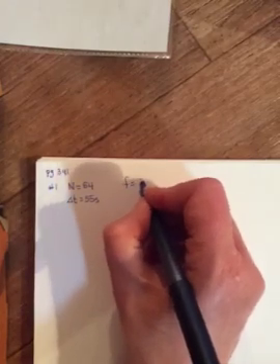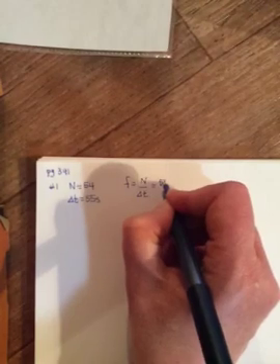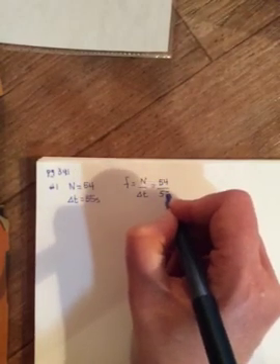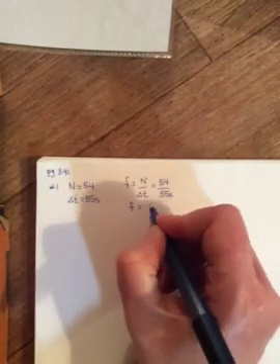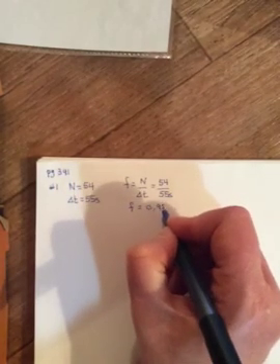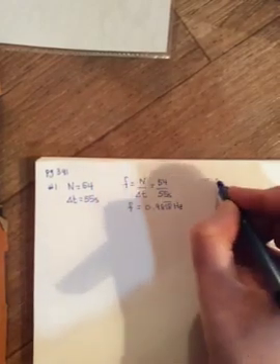So frequency is equal to N over delta T, or 54 over 55 seconds. When you do the math, frequency is 0.9818, and the 18 repeats, hertz.